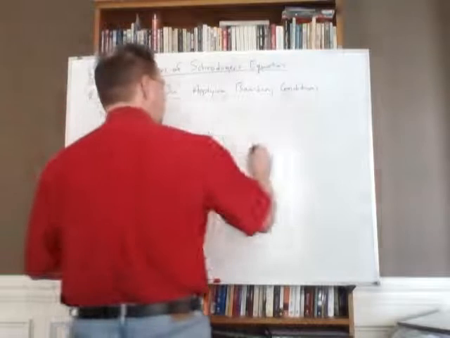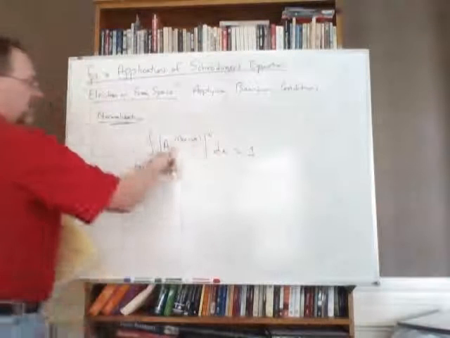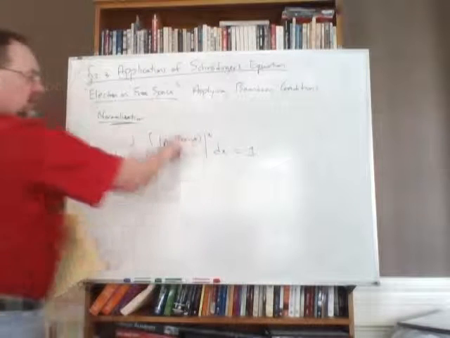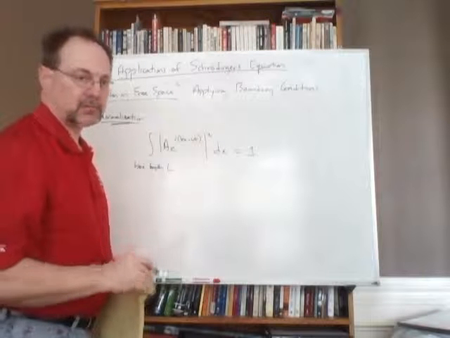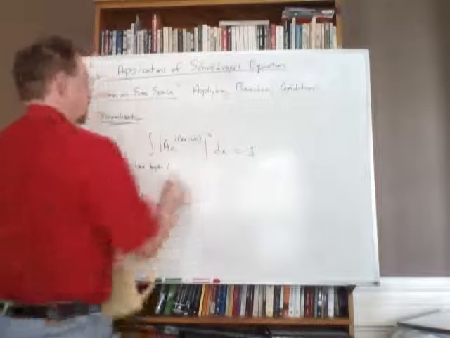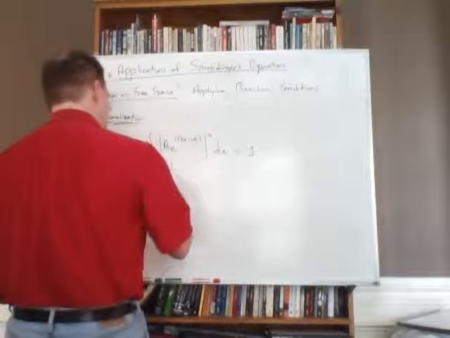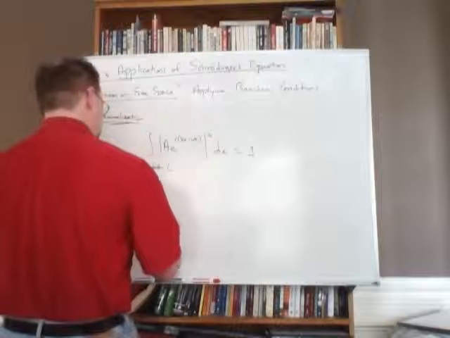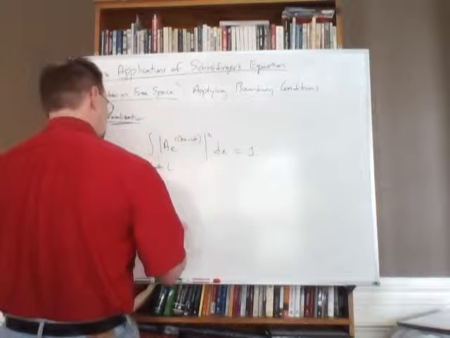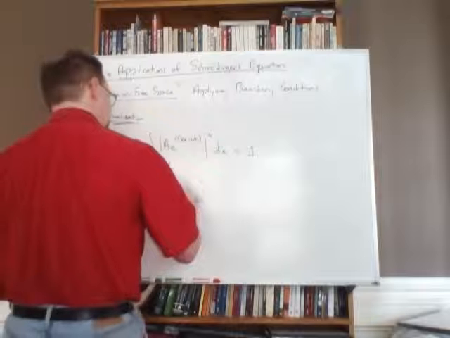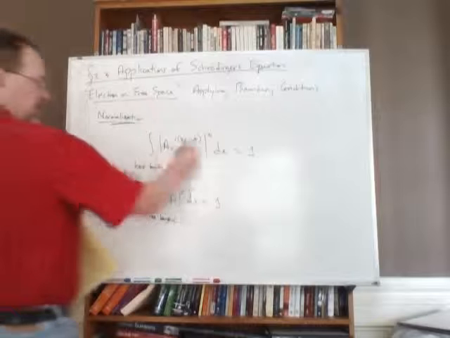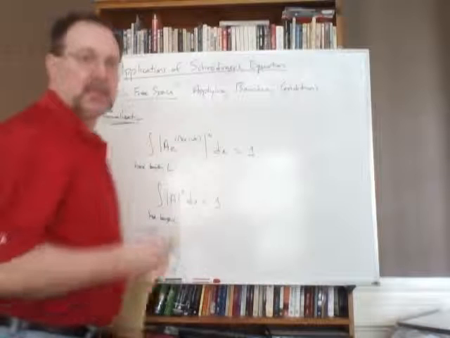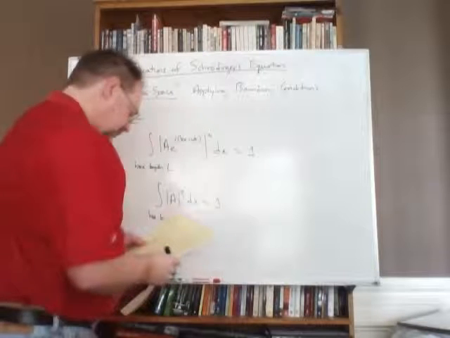This is equal to 1, but the magnitude of our varying part, that complex exponential, is 1. So we have the integral over the box of length L, magnitude of A squared dx, is equal to 1.